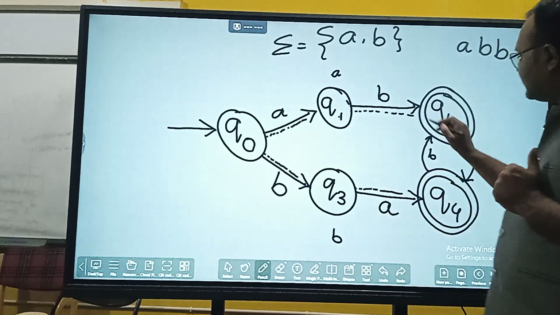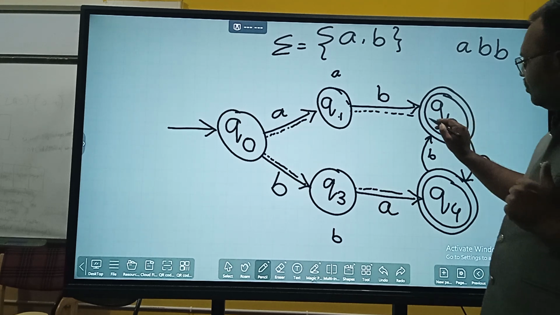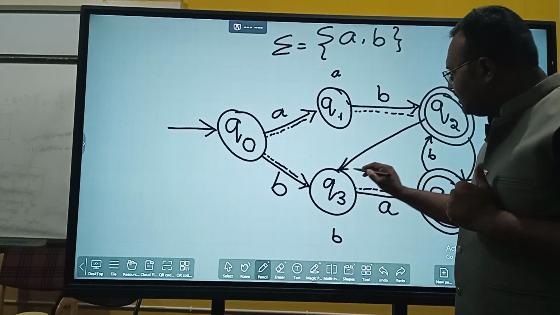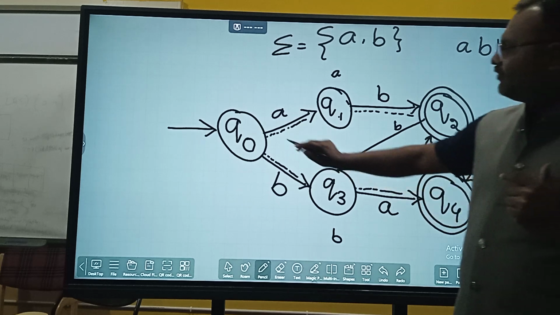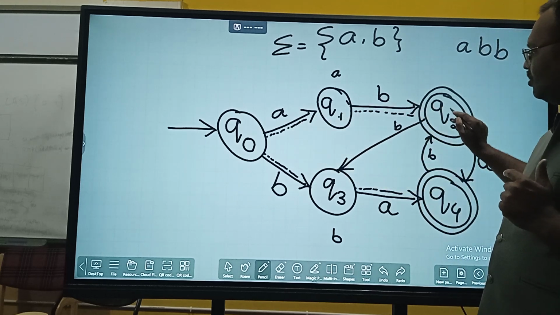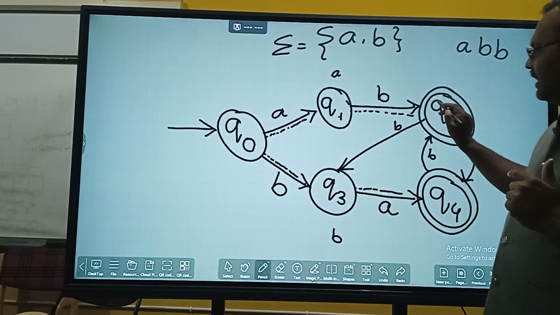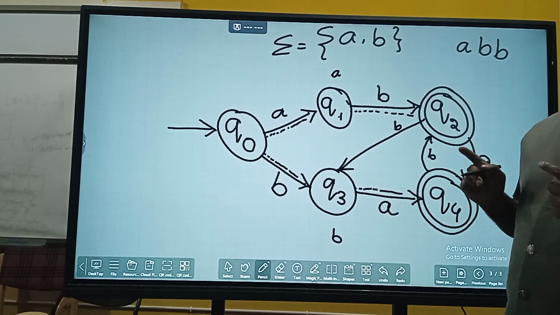Now, at this state, if you are planning to take B, what will I do? From Q2, I will send the transition here for B, such that after reading AB, if you want to read B, again you should end with A. That is, it will be ending with BA only. I hope you understood. I am repeating again.